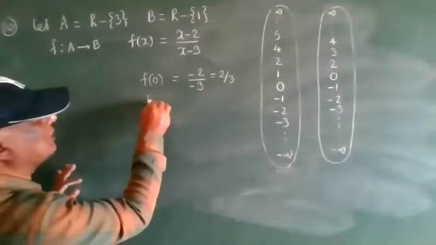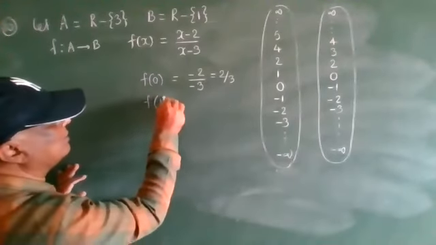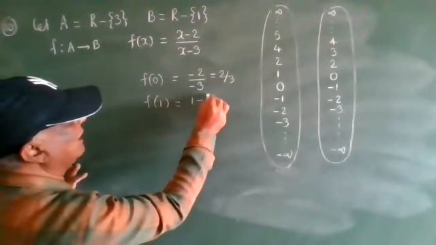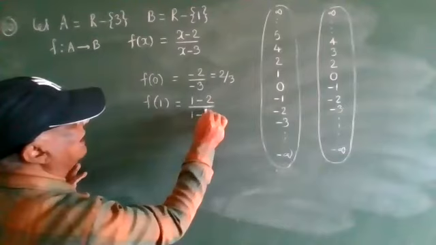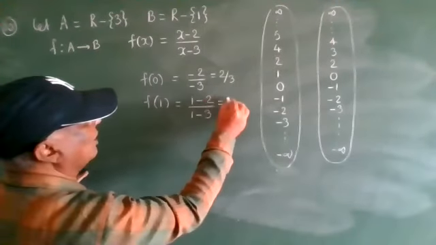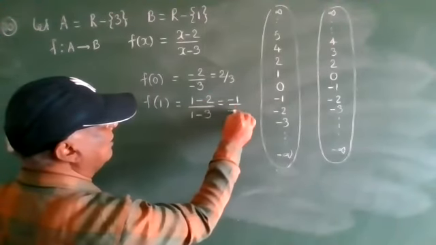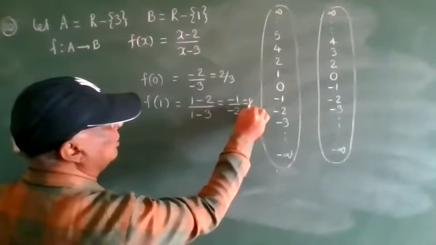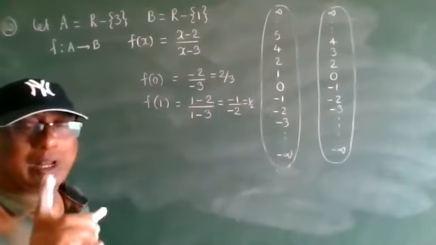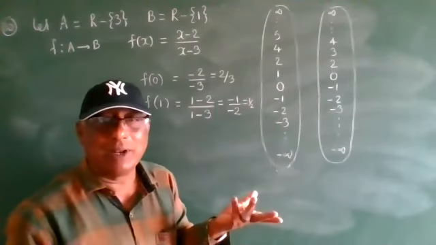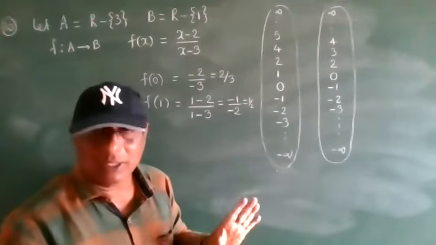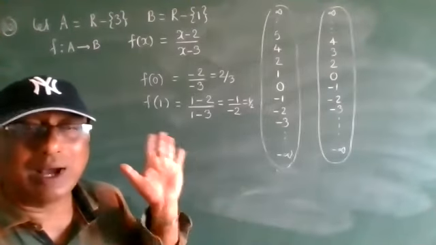Substitute 1: 1 minus 2 by 1 minus 3, therefore minus 1 by minus 2, that is 1 by 2. 1 also has one image. Every element has one image. Therefore, this is one-one.